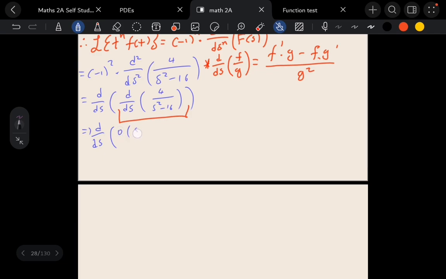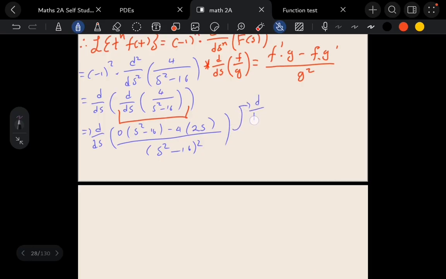It's 0 times s squared minus 16, minus 4 times the derivative of s squared minus 16, which is just 2s. All of this must be divided by s squared minus 16 all squared. When you simplify this, I am going to have d over ds in bracket negative 8s all over s squared minus 16 all squared.